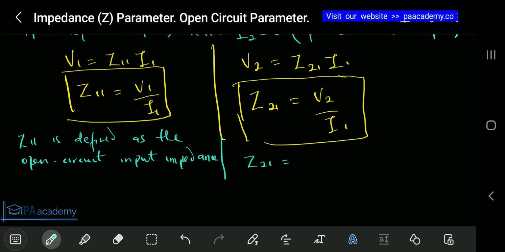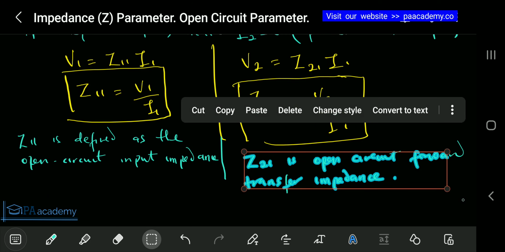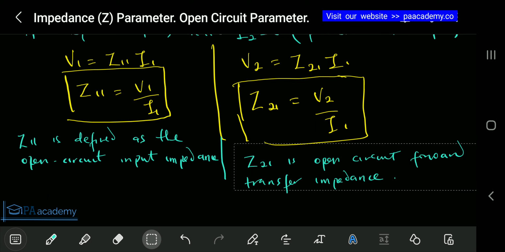So our Z21, okay, is the open circuit forward transfer impedance. Then so that is for Z11 and Z21.